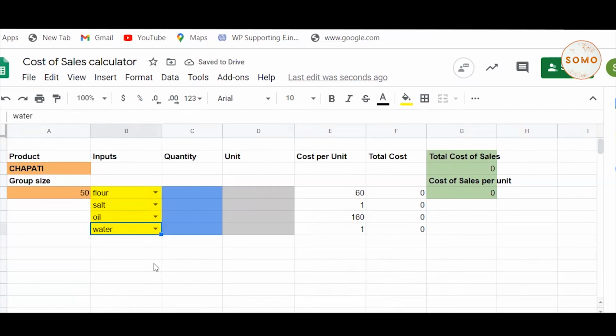After filling in the inputs, the next thing that we need to fill is the quantity of each input that's being used. In the case of flour, we'll need 2 kilograms. In the case of salt, we'll need 2 tablespoons.